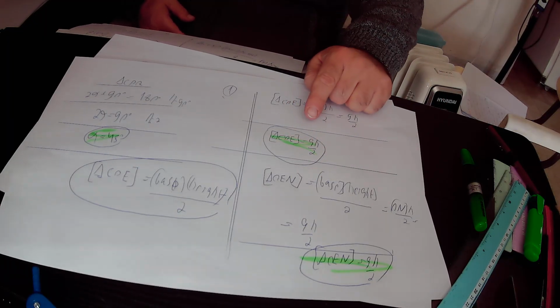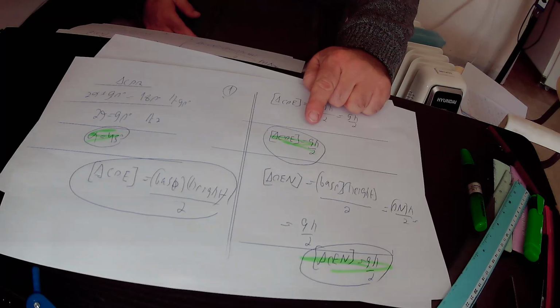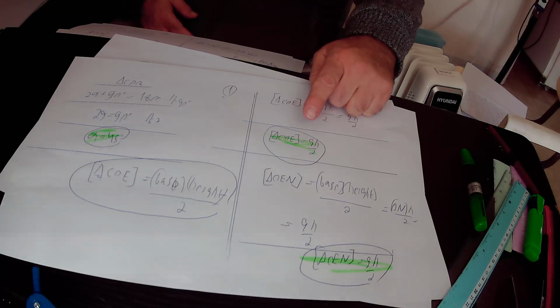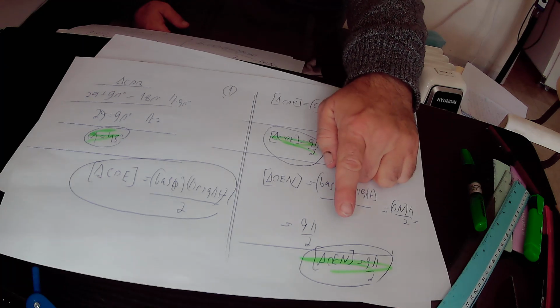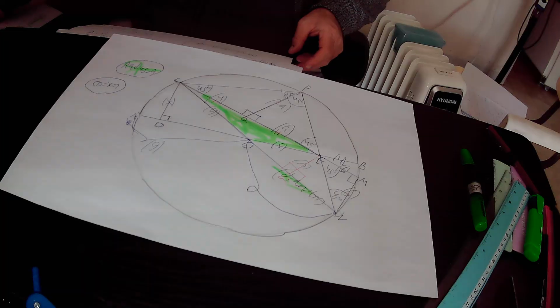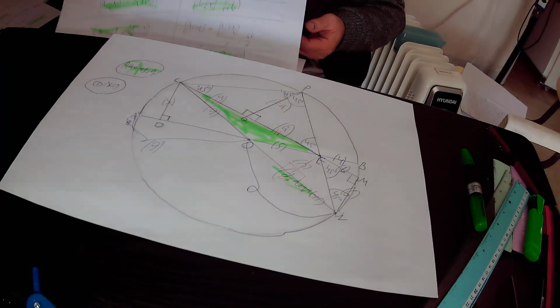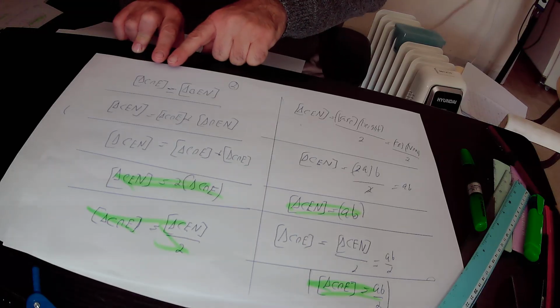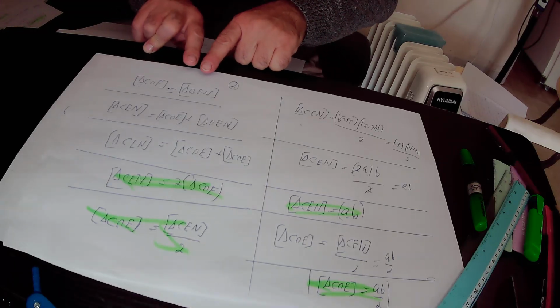But the area of the upper triangle COE also equals 9H over 2. Therefore, we derive that the area of the upper triangle COE equals the area of the lower triangle OEN.